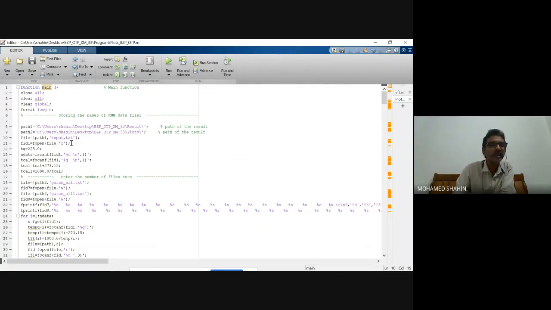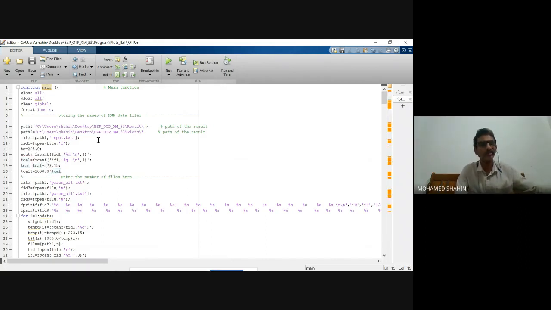Now you can see that Tg has been defined here, somewhere here. Now N data, first of all, it is reading N data from the file, and T cal means it is again reading T cal from here, and it is making T cal to be T cal plus 273.15.